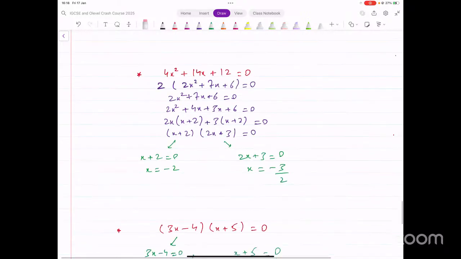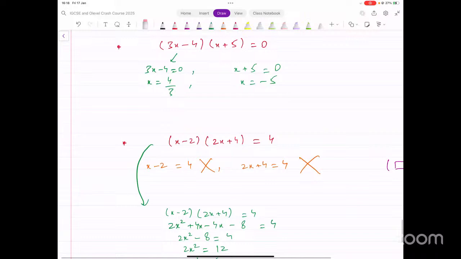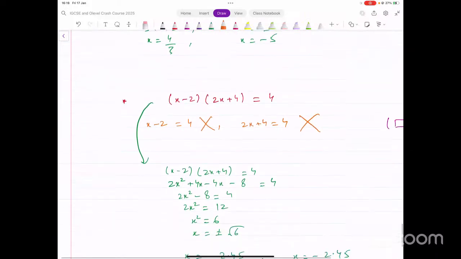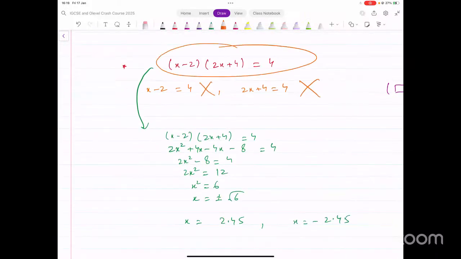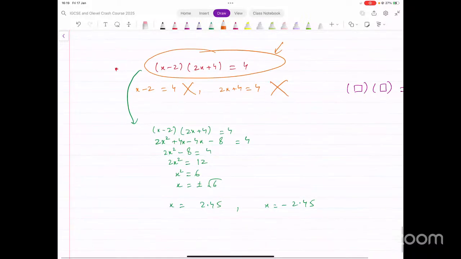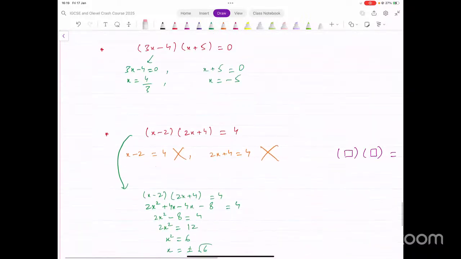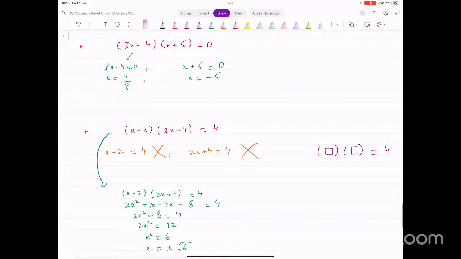Right? We did some examples on this, and then we basically talked about this as well, that when you don't have 0 on the other side, then we cannot do the same thing as before. So for instance, when you had 0 on the other side, we could just equate each of the 2 factors equal to 0 separately, but we can't do the same thing when we have some other number apart from 0 on the right side.